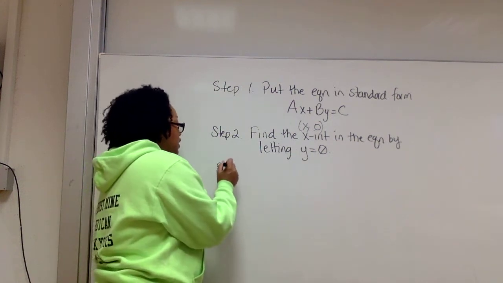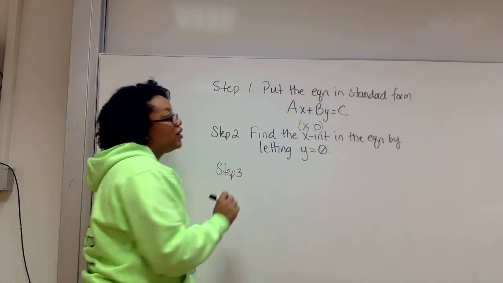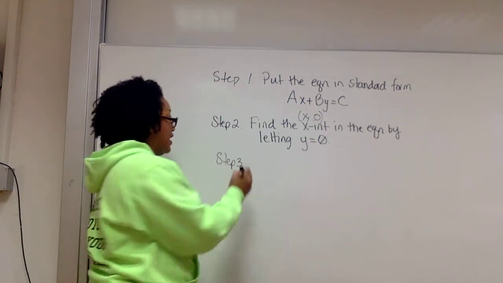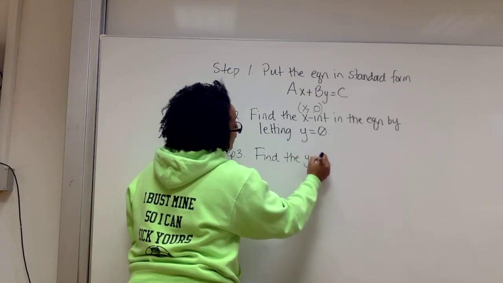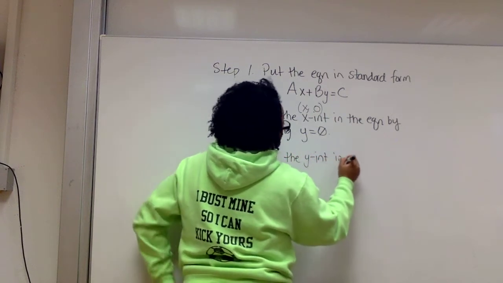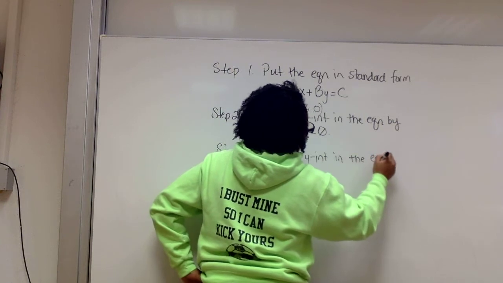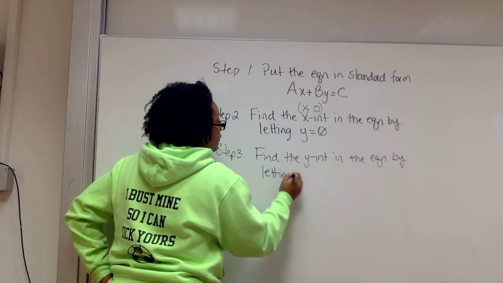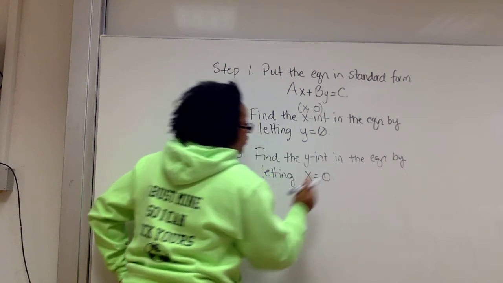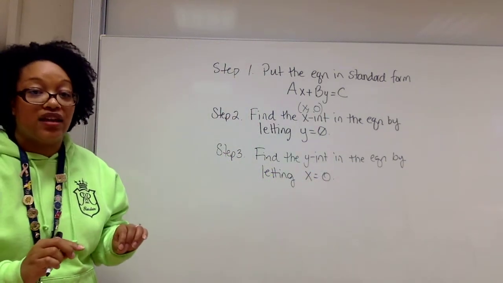Step two is going to be the same thing, but you're going to find the y-intercept. Find the y-intercept in the equation by letting x equal 0.